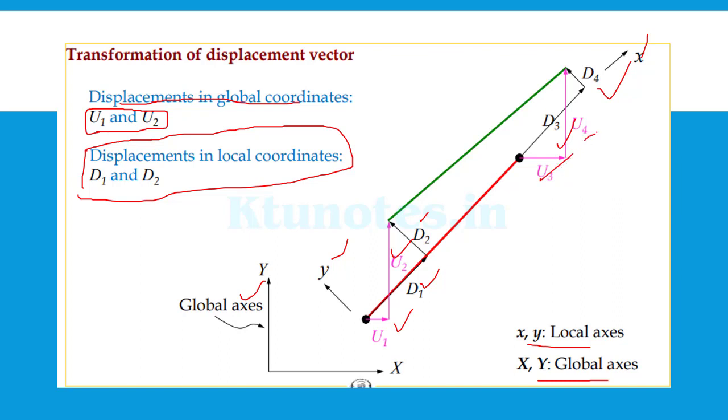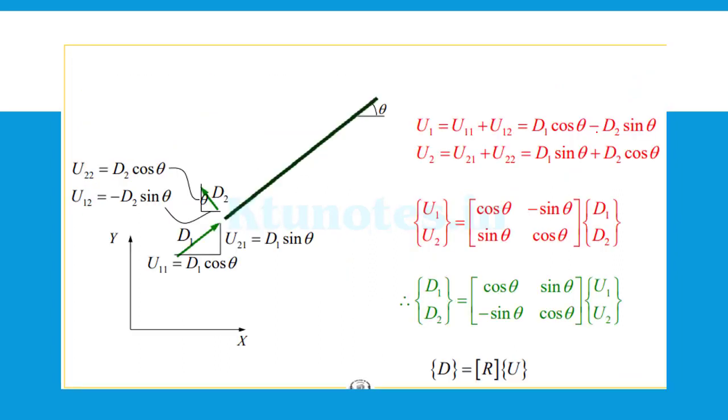For that, let's first focus on u1. u1 is equal to u11 plus u12, the displacement at point 1 due to the application of 2. And u2 is equal to the displacement at the second point due to the application of u21, the corresponding displacement at the second point due to the change in the first point, plus u22.